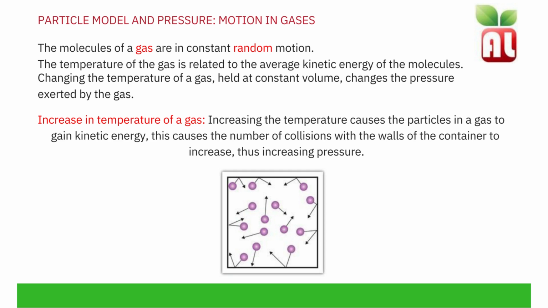The volume must be constant because if you compress a gas, reducing the volume, it increases the pressure. Increasing the temperature of a gas causes the particles in the gas to gain kinetic energy. This causes the number of collisions with the walls of the container to increase, thus a pressure increase. To note, at this stage, pressure is defined as the number of collisions with walls of a container by particles.